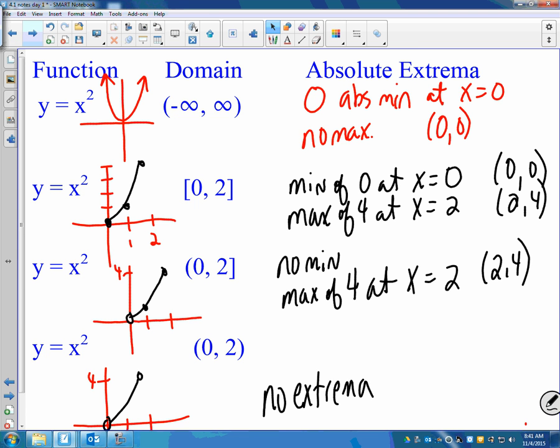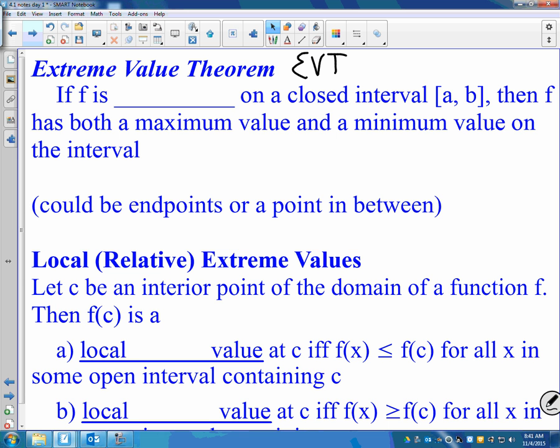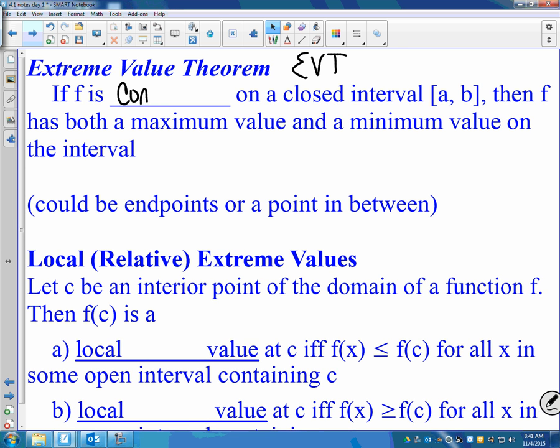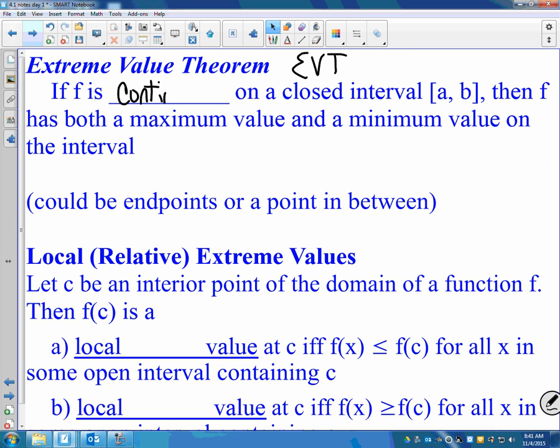So we can say, if f is continuous on a closed interval, those are our two requirements. It has to be a continuous function, and it has to be a closed interval from a to b. Then your graph will always have a minimum value and a maximum value.